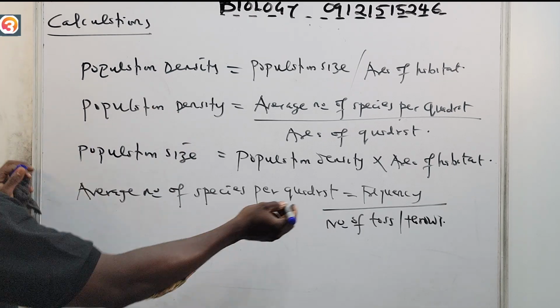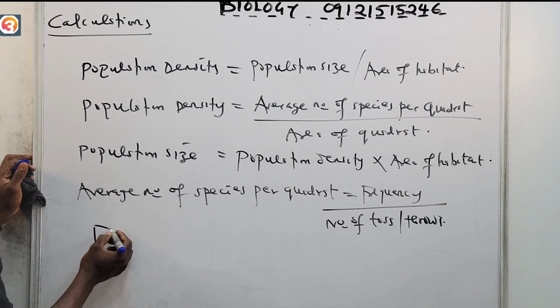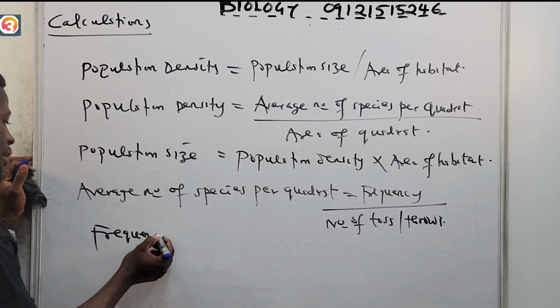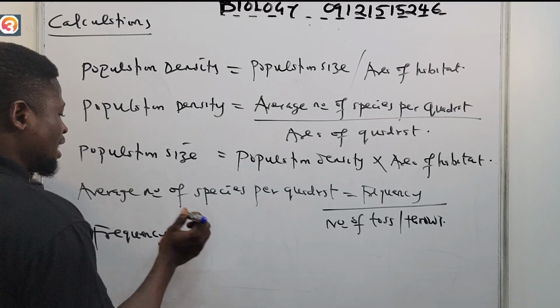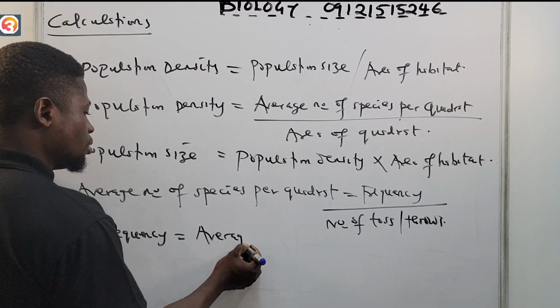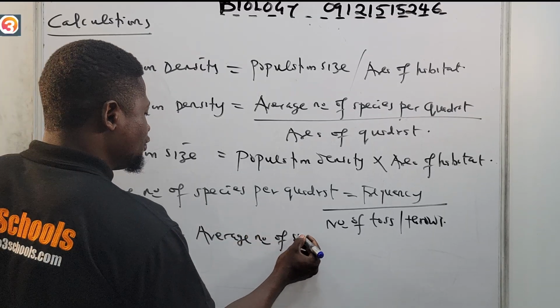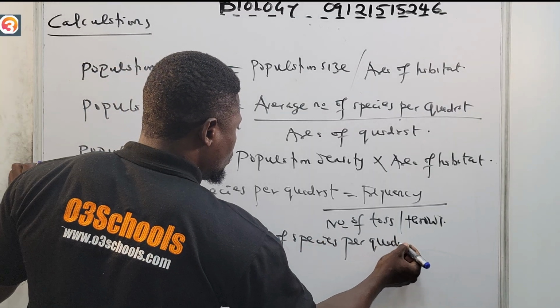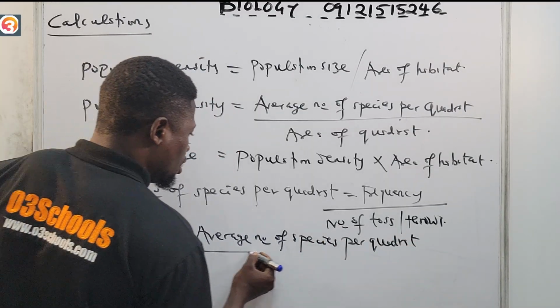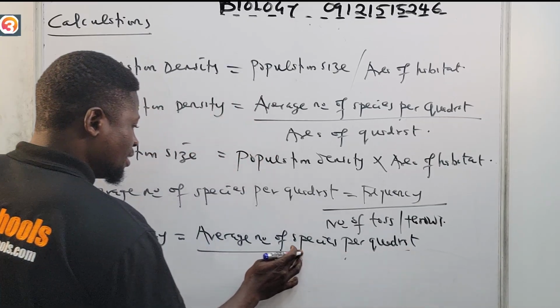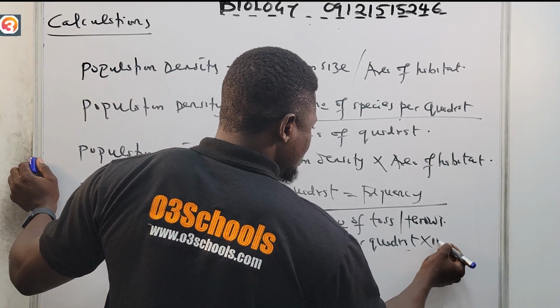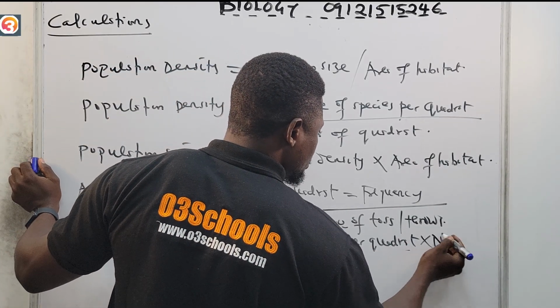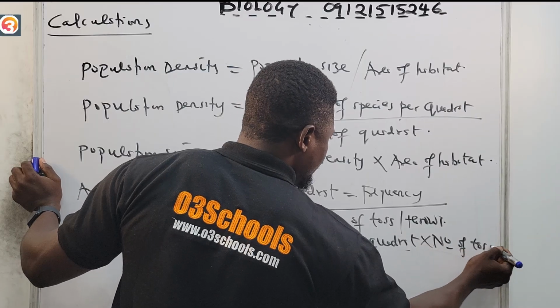Then also from here we can find frequency. It means that frequency will be equal to the average number of species per quadrat times the number of tosses.